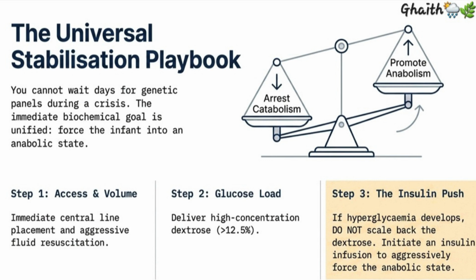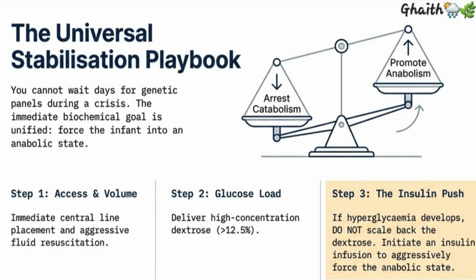Our primary goal is to arrest catabolism and actively promote anabolism. This requires aggressive fluid resuscitation and the immediate placement of a central line to safely deliver high-concentration dextrose, typically greater than 12.5%. If hyperglycemia develops as a result, do not scale back the dextrose. Instead, initiate an insulin infusion to force the infant into an anabolic state.